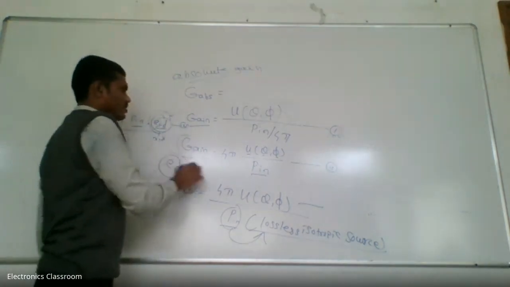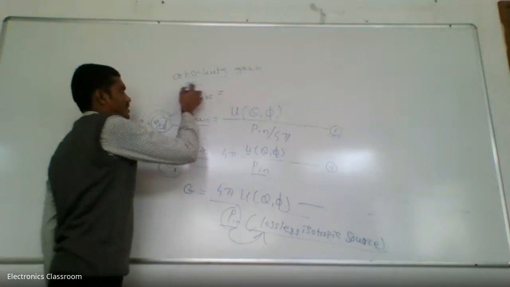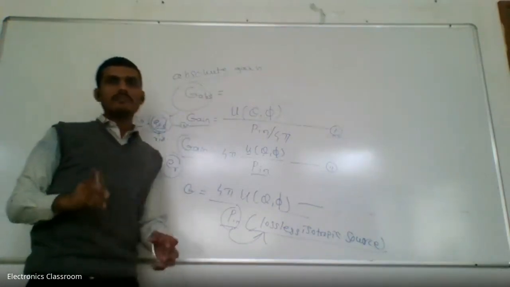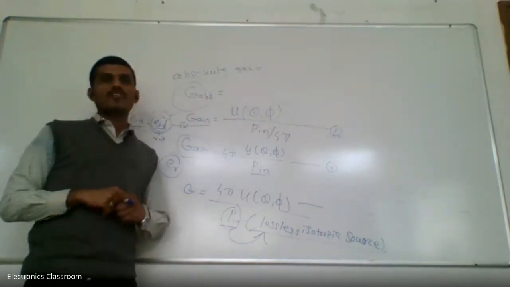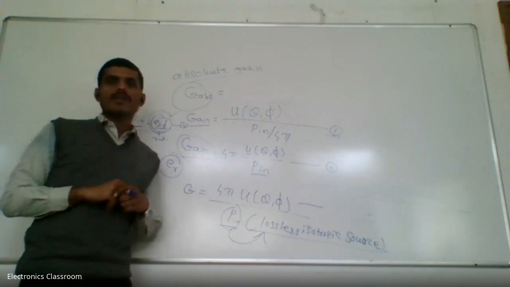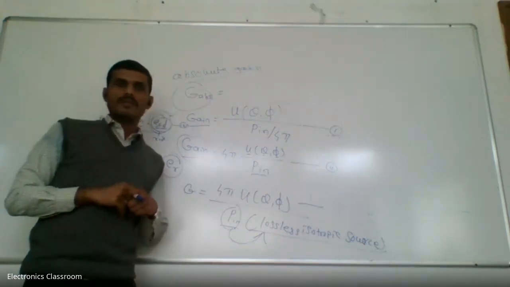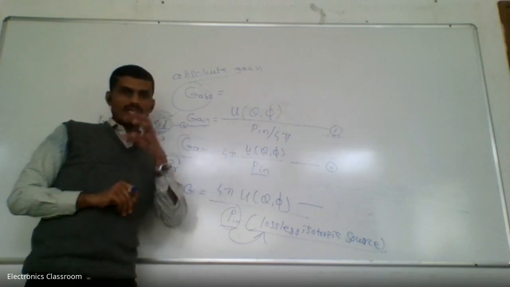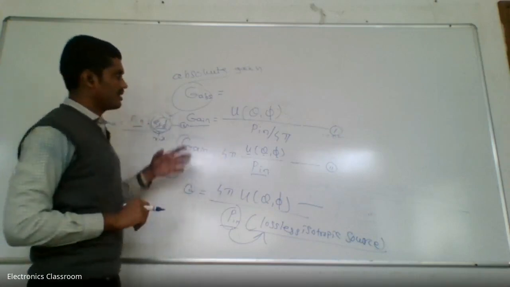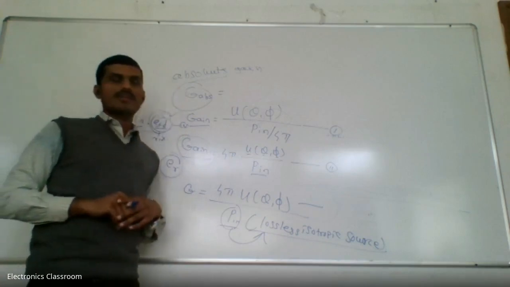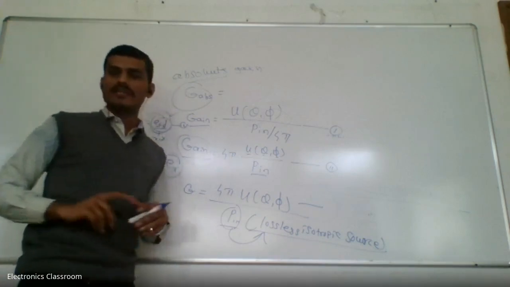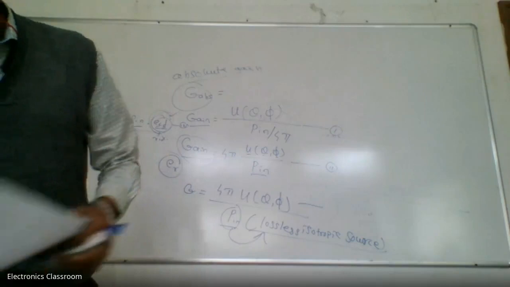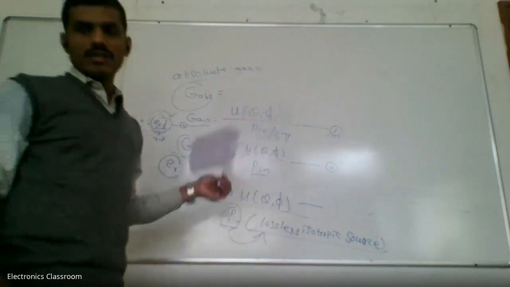If the gain does not consider these losses, they will be considered in your absolute gain. That means your reflection and polarization mismatch losses can be taken into that particular equation, and we can write an equation for that gain by using this equation.